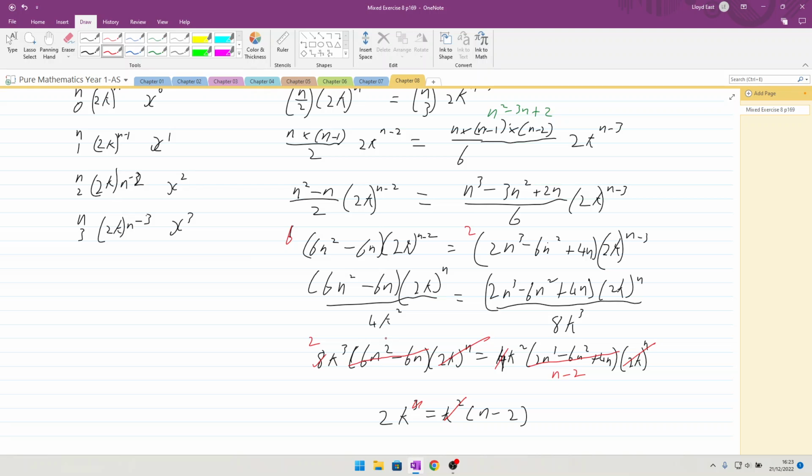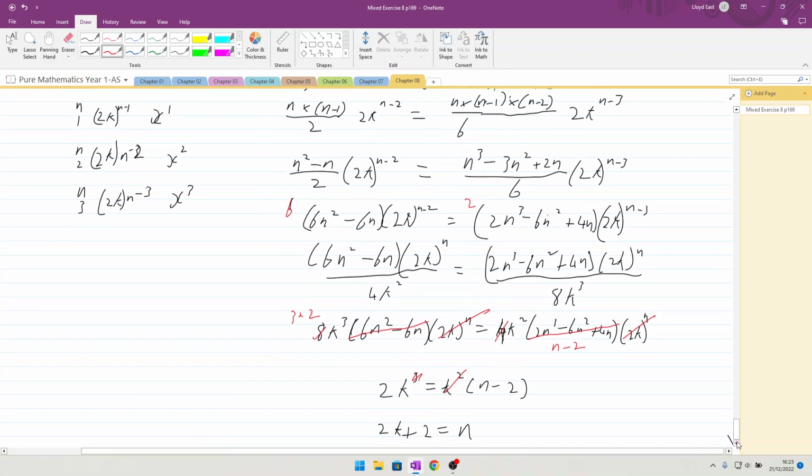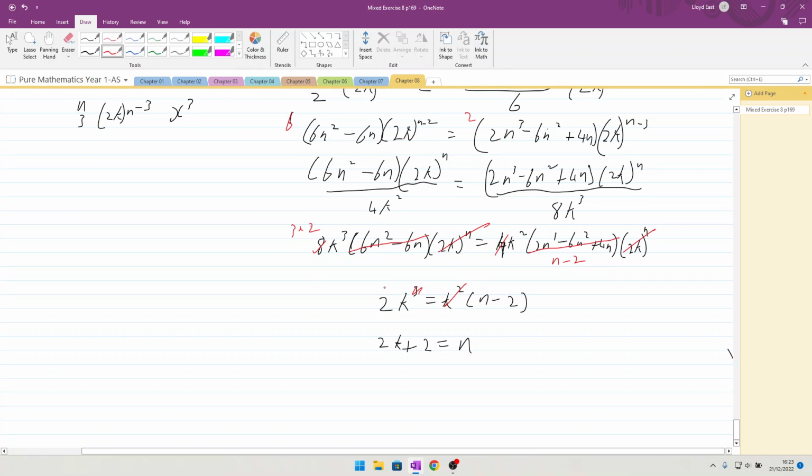So this was 6 times. So the 6 was on this side, so the 2 would cancel on that side, give me 3. 2 times 3 is 6k, so yeah, times 3, which then gives me 6k plus 2. Yes.